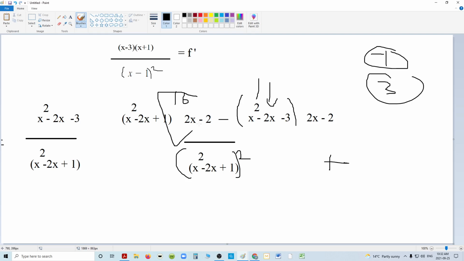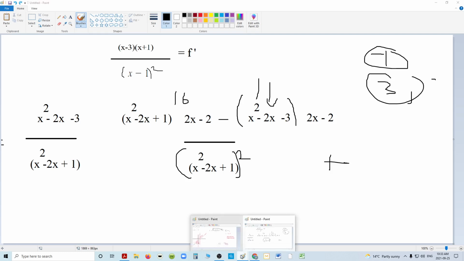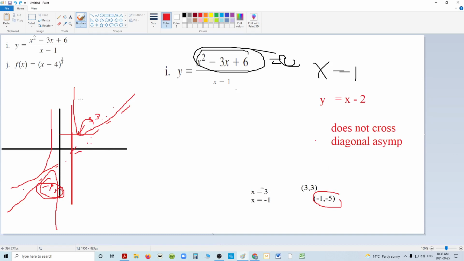It doesn't matter if it's positive 1. That positive tells me that the 3 comma 3 spot is going to be a minimum. That's what it means when double derivatives are positive. So you can see that if you couldn't graph it, you will, from the double derivative, determine that this one has a minimum and this one has a maximum.